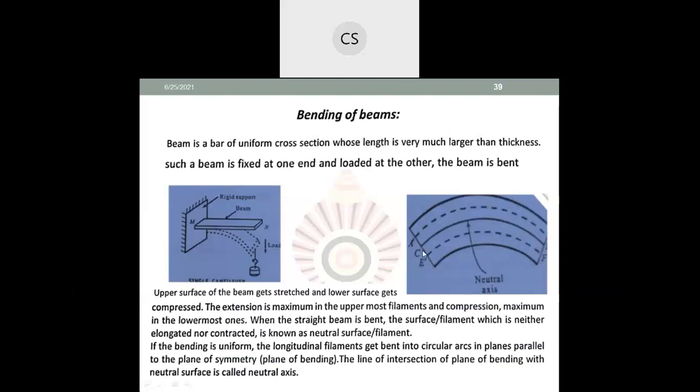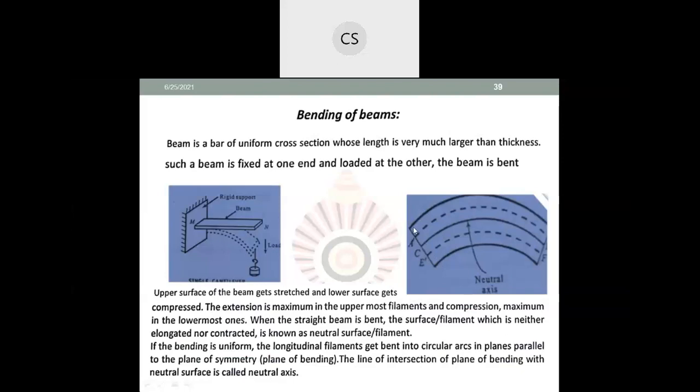Correct? So what you can assume is the beam is made up of a number of layers. Let us call it a filament. So there are a number of filaments.